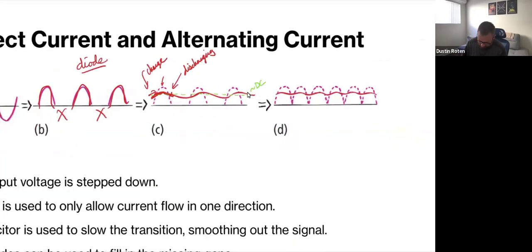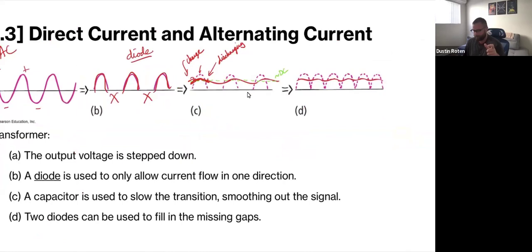Now this final piece is just a situation where you can actually use two diodes, and we won't get into the details of how this works, but essentially you can use two diodes and sort of recover the missing piece. So what was over here that was cut out is now inserted again. And that's going to keep your capacitor from discharging so much.